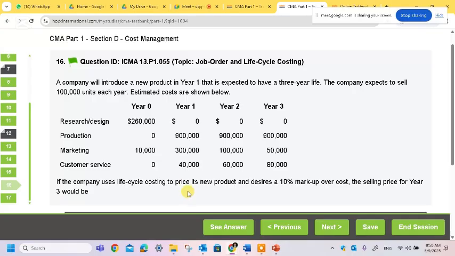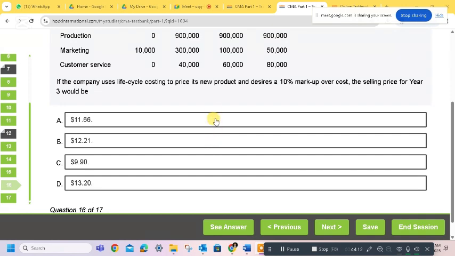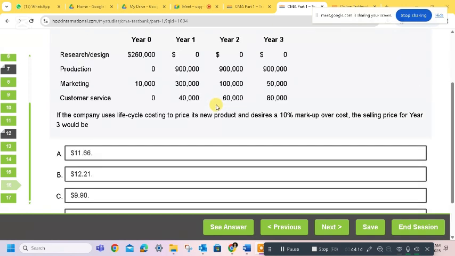The company uses life cycle costing to price its new product and desires a 10% markup over cost selling price. Can you show the options? So what we will do, we will add these costs, 260, and then these costs, 300, 100, 400, 460, 460, 260, 720.